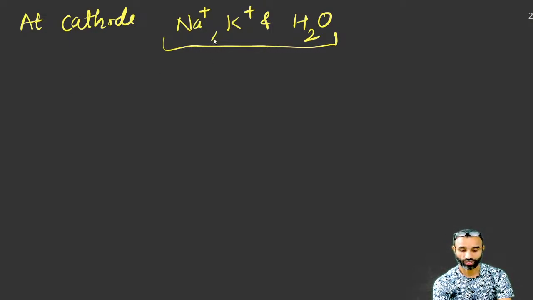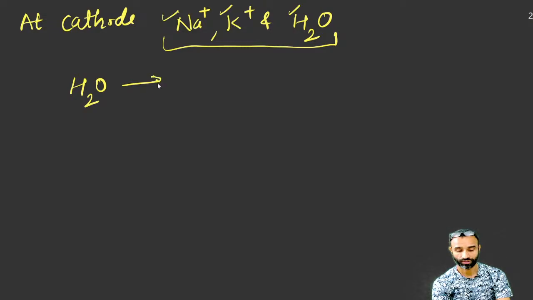So obviously, when Na plus, K plus, and H2O are there, there is an electrolysis of water. So we get hydrogen gas along with OH negative.